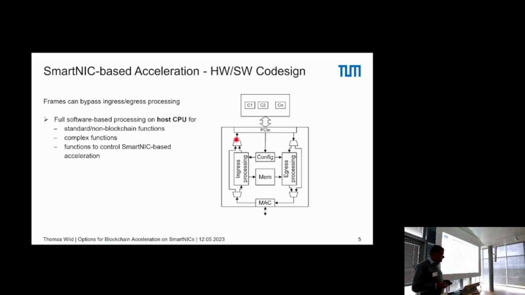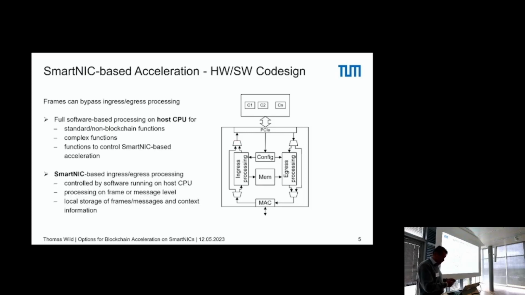And also, when we offload certain functionalities to the hardware, this hardware has to be controlled by the software. The hardware does not act by itself, but needs information coming from the software. So software or functionality that controls the hardware-based functionalities on the SmartNIC of course has to be executed on the CPU as well.